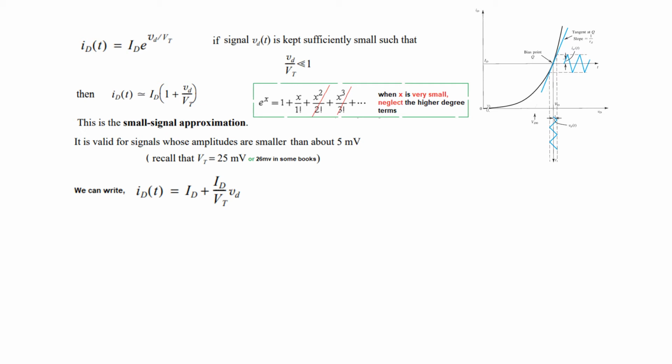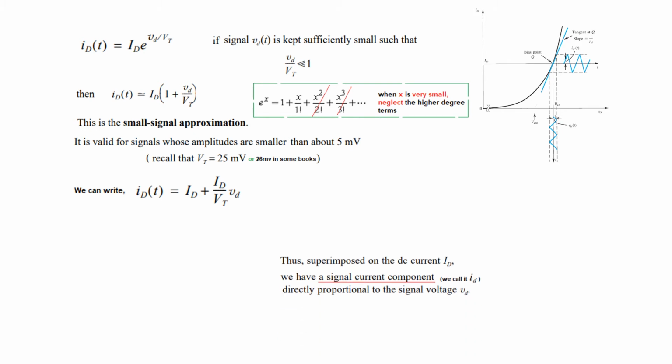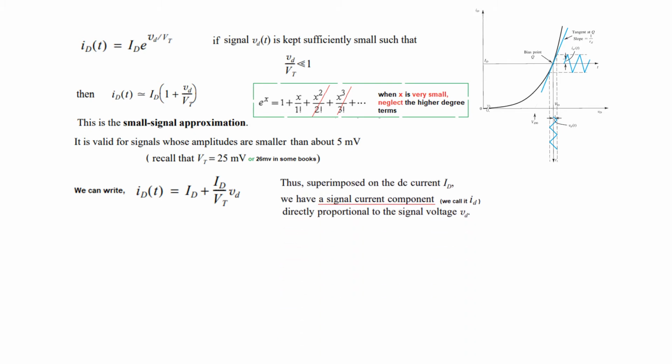And so from here, if we just open the bracket, we get this term, iD(t) is equal to ID plus ID over VT times vd. And this we can write as the superimposed DC current ID, and superimposed on the DC current ID we have a signal current component, we call it small id, directly proportional to the signal voltage.